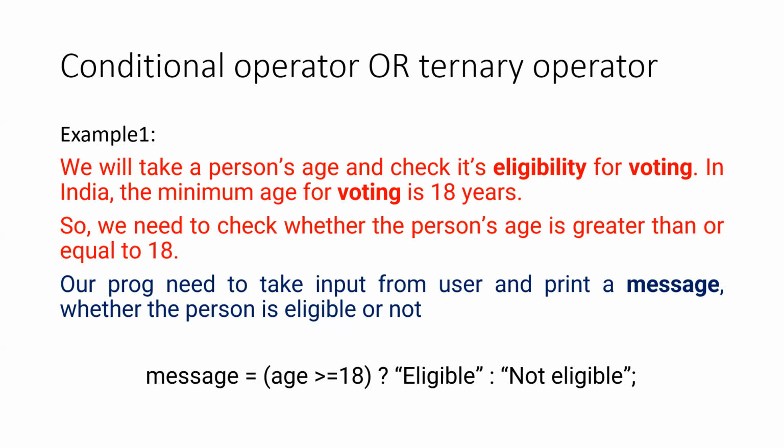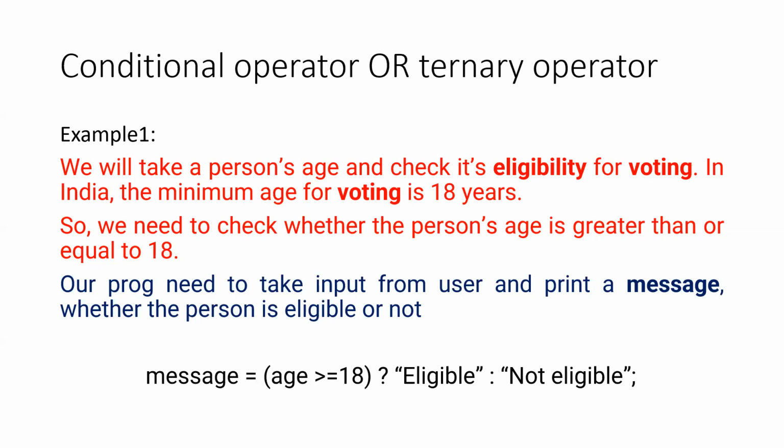So we need to check whether a person's age is greater than or equals to 18 or not. If it is 18 or above, then the person is eligible for voting. If it is not, then the person is ineligible for the voting process.